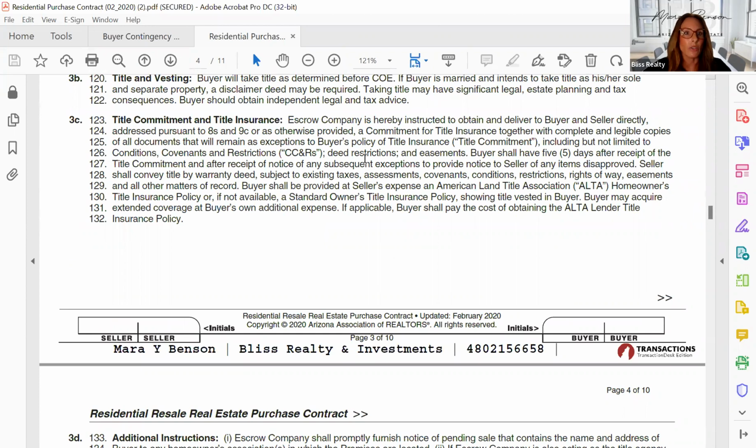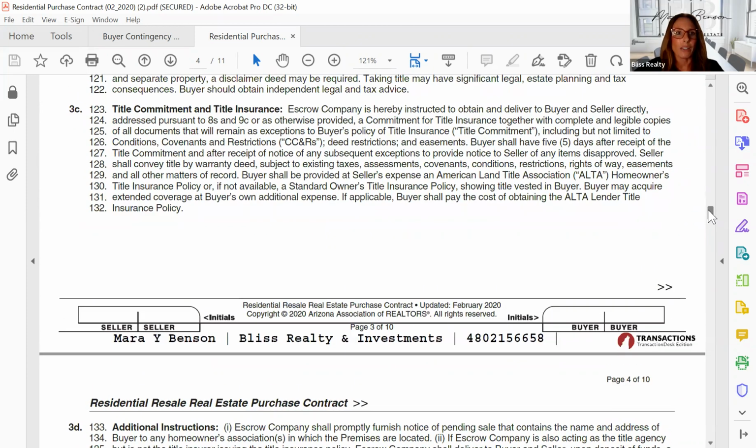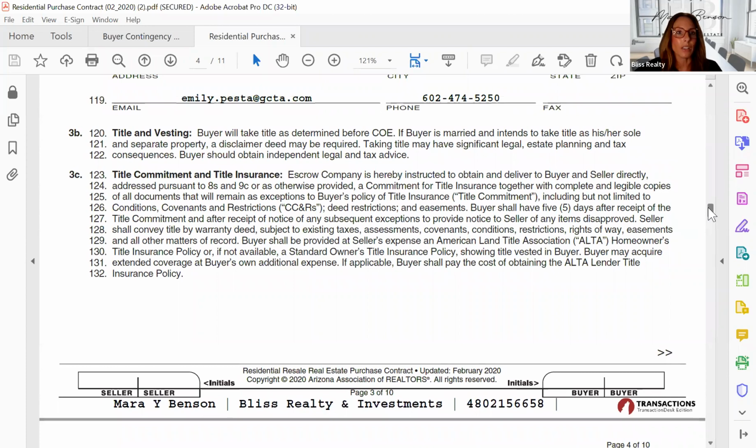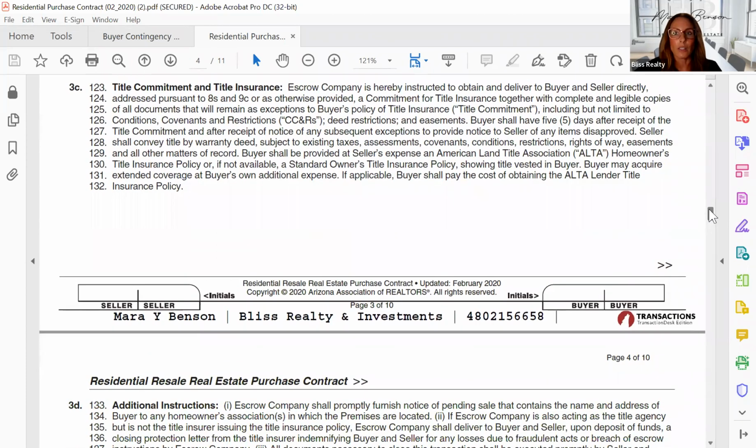So this is CC&Rs for title and escrow. CC&Rs, those come in and those get sent out usually by the HOA to the buyer. So you always want to ask your buyer, did you get your CC&Rs? Because they have 5 days to review that. That's another escape out. Just a heads up. But you know, you don't want to play with fire, because you really got to find something in there that your buyer doesn't like.